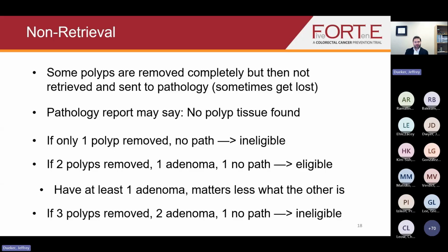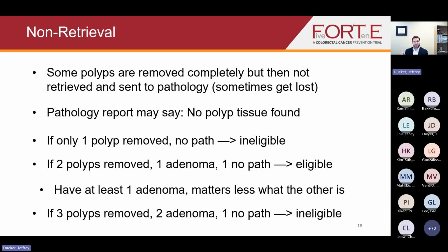Now you might say, wait a minute, we don't know if there's high-grade dysplasia, et cetera. In general, the rate of high-grade dysplasia in a polyp less than 10 millimeters is extremely low. There is a question, what if there's no path and the polyp was greater than 10 millimeters? A polyp that's endoscopically documented as greater than 10 millimeters would be excluded before you ever looked at the path, because we're only looking at polyps endoscopically that are less than 10 millimeters.